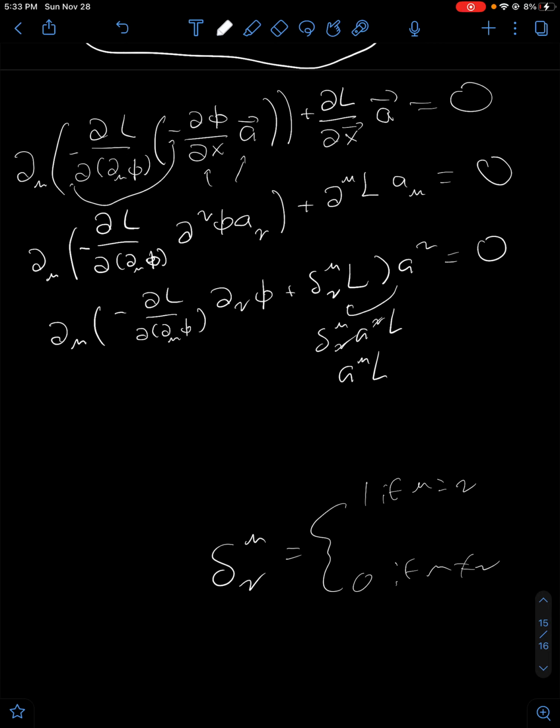So it changes the a^ν into an a^μ, and this goes to 1. So it's really a trick to factor this guy out properly.